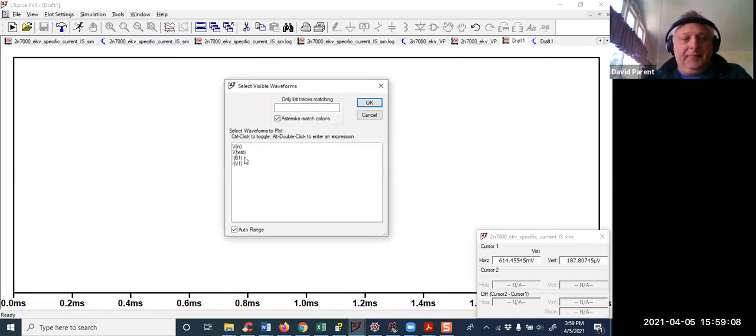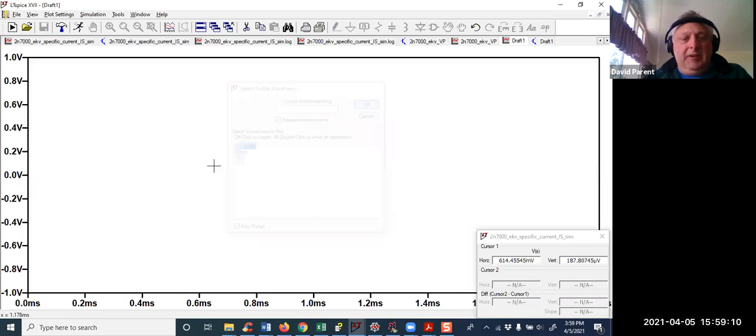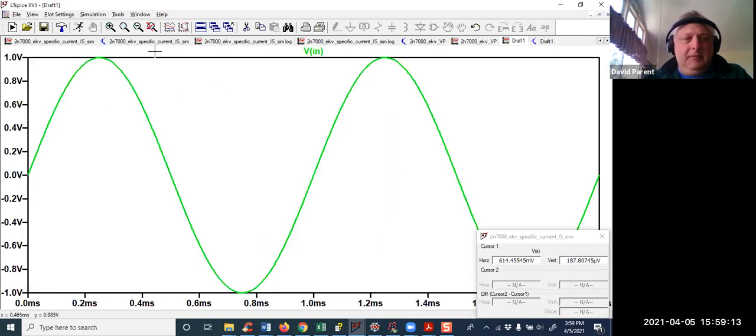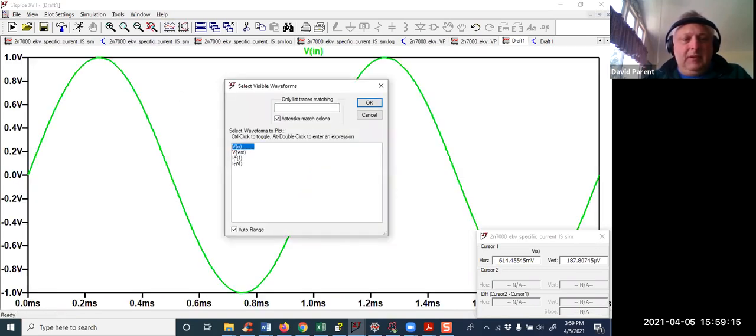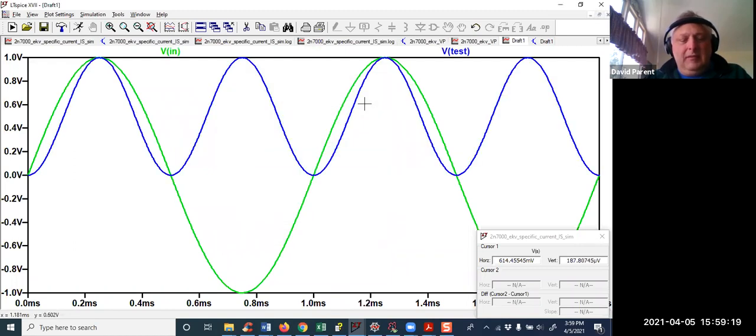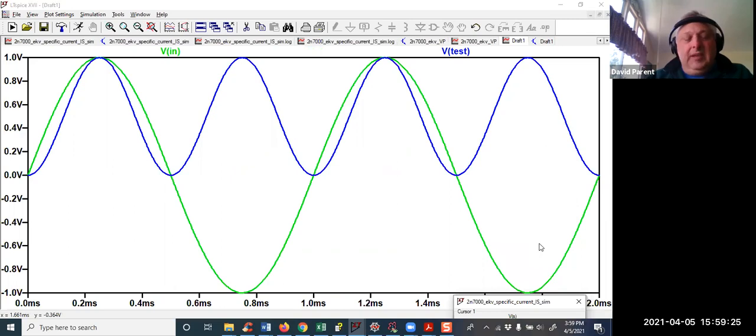So what we have here is we have an input sine wave. And I have this sine wave squared. All right. So a quick way to look at the frequency spectrum is to do the fast Fourier transform, which you can do in LTspice.